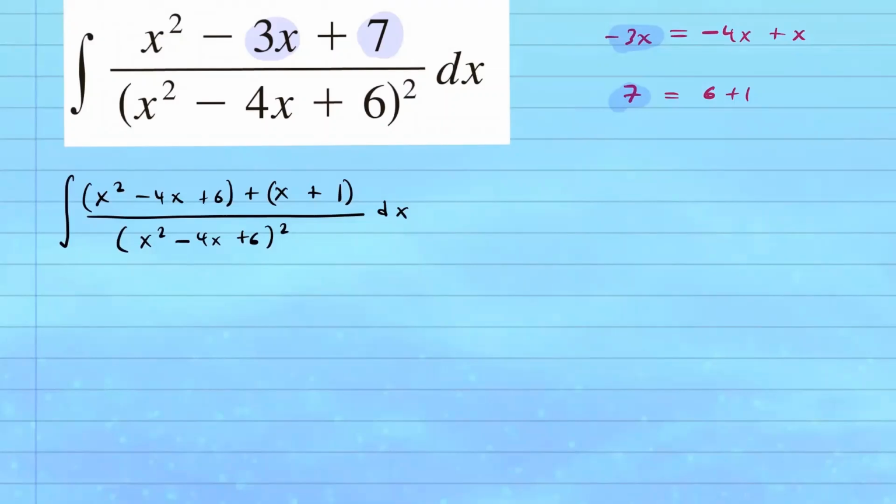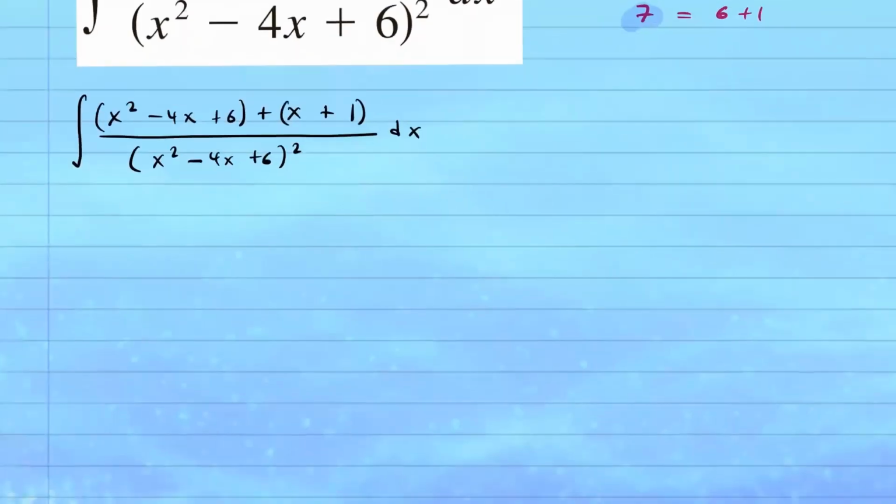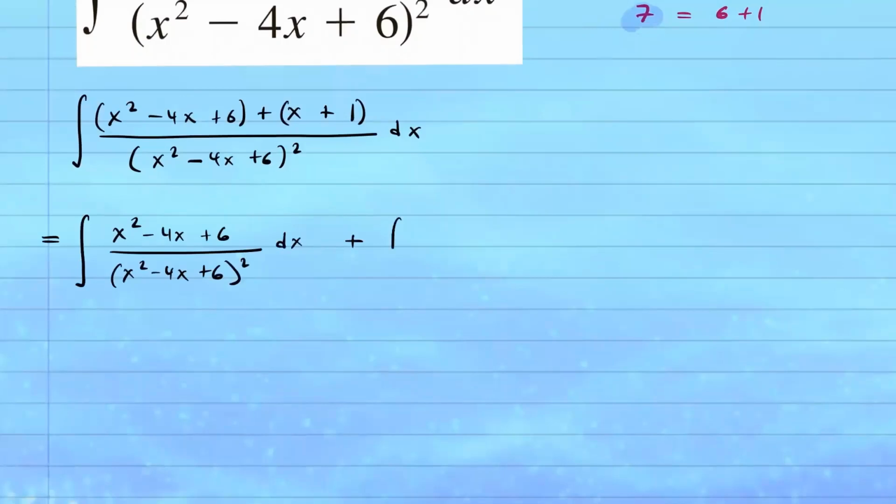Once I have rewritten the numerator, now I can separate this into two separate fractions. So we're integrating x squared minus 4x plus 6 over x squared minus 4x plus 6 squared dx, plus the integral of the remaining piece, which is x plus 1 over the denominator, x squared minus 4x plus 6, all squared dx.